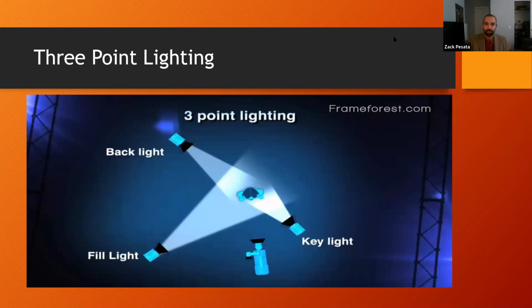Okay, so here is our 3-point lighting. And this is like an interview setup, which is for documentaries. Almost every documentary interview or A-roll is shot in 3-point lighting. But this gives an idea of what it would look like from an overhead.